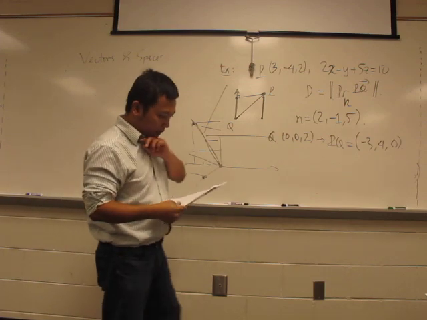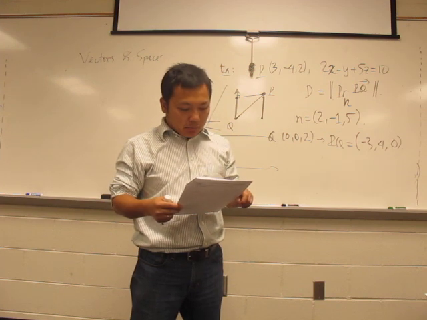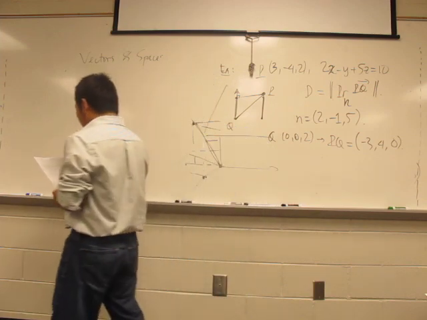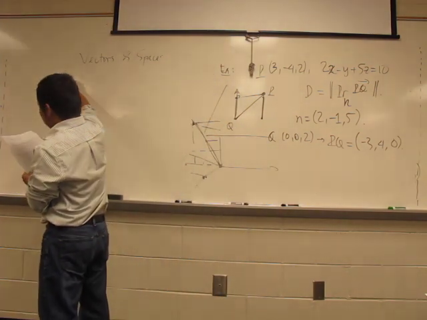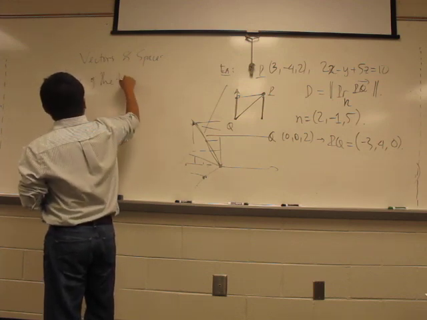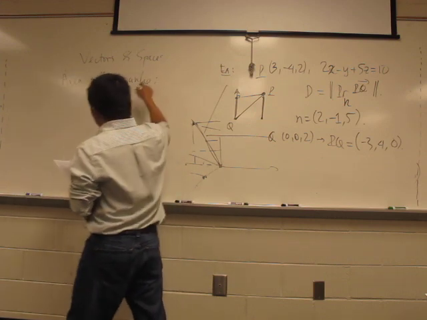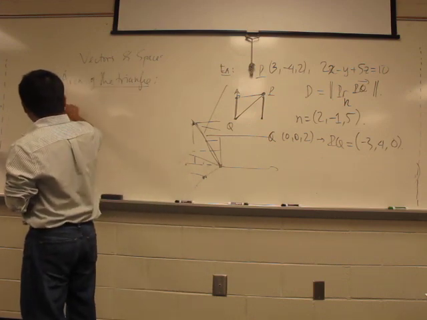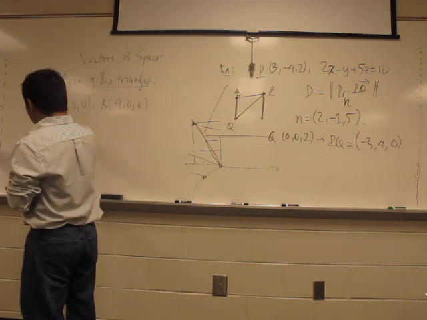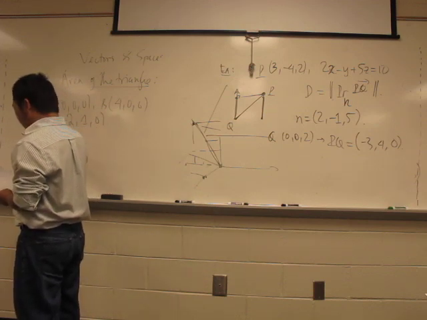I see another problem, to find the area of a triangle with the given vertices. So you have 3 points in here, and B is (4, 0, 6), and C is (-2, 1, 0). From here you need to find the area.